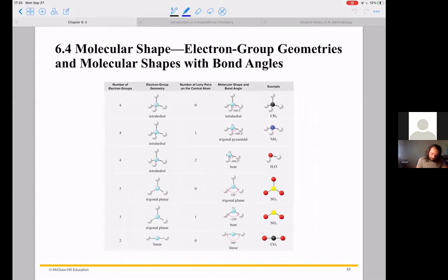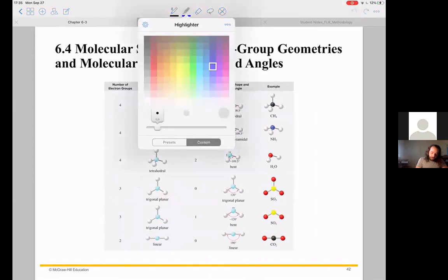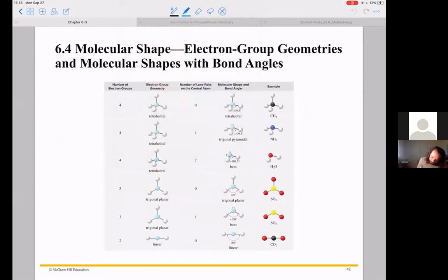So first of all, let's just review. Here's the electron geometry and here's the molecular geometry. Again, it depends on how many electron groups there are, but then also the number of lone pairs on the central atom. And so the 5 words that you got to have kind of memorized are linear, bent, trigonal planar, trigonal pyramidal, and tetrahedral.